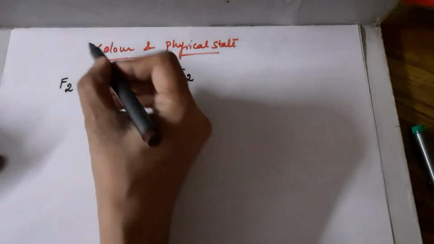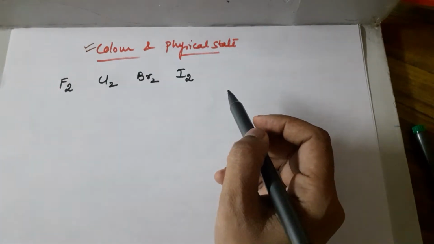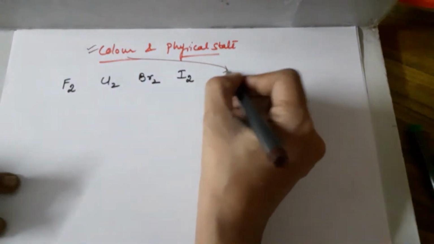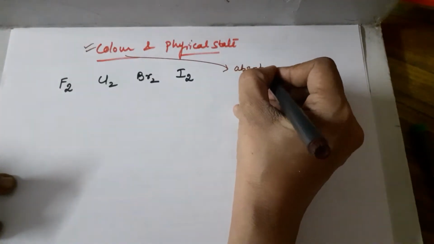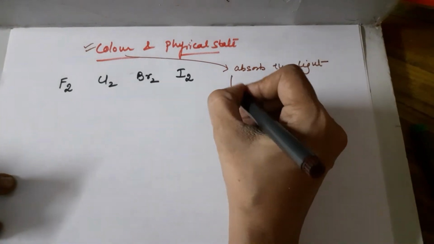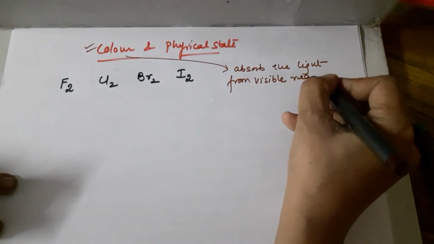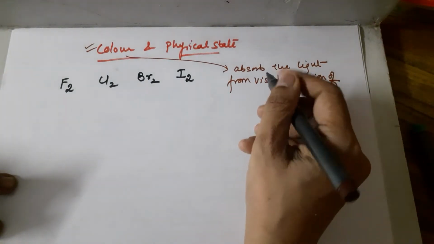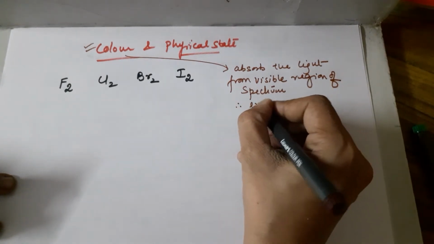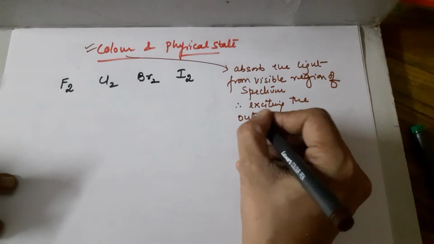Moving on to the first property, which is color. Whenever we talk about color, the reasoning is always related to light because they have a tendency to absorb light from the visible region of the spectrum, hence exciting the outermost electrons.